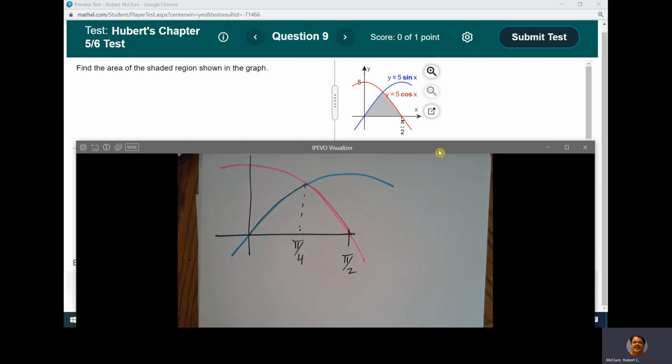So you have to make sure you set up your integral. You're going to find this area.